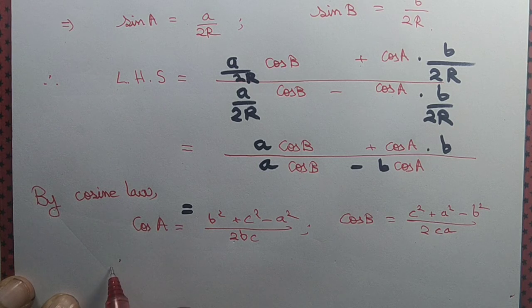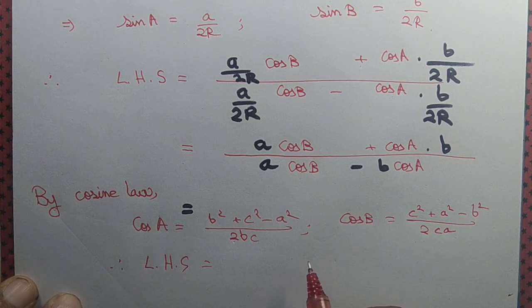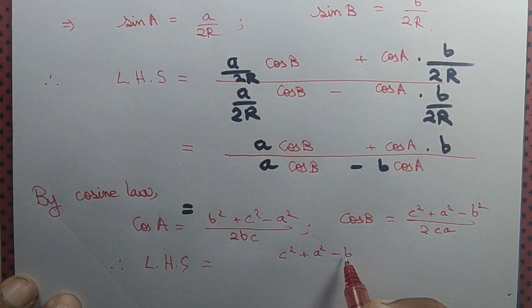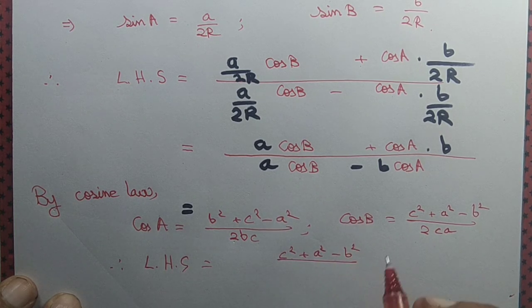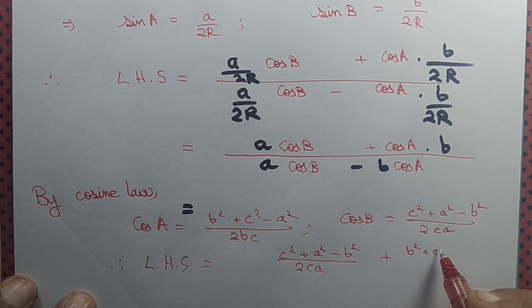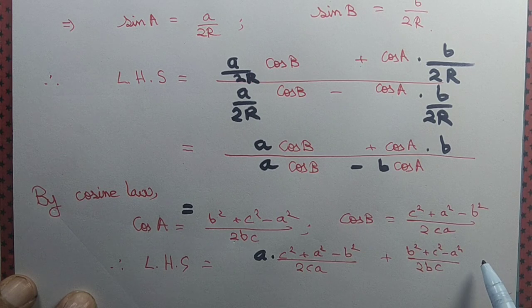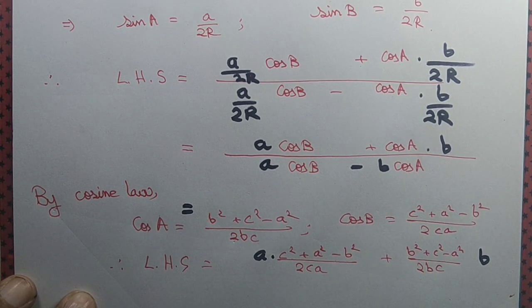Therefore we can write LHS as: a as it is. Instead of cos B, I can write (c² + a² − b²) by 2ca. Instead of cos A, I can write (b² + c² − a²) by 2bc. The value a remains copied, b also remains copied.